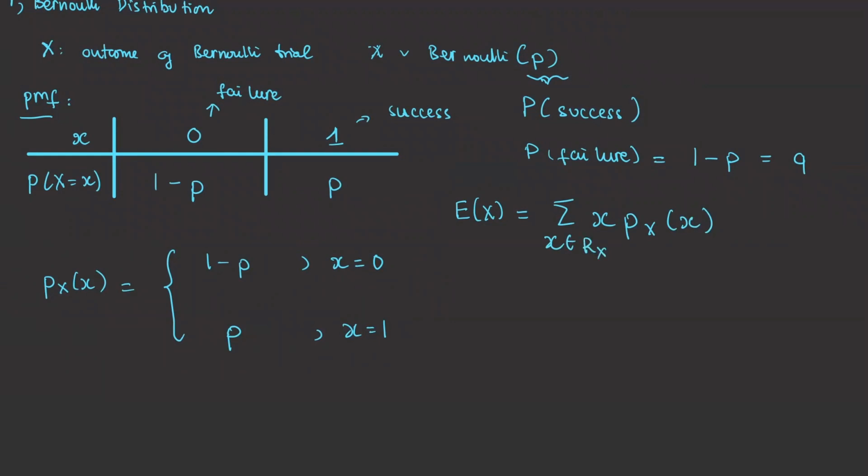Since X is a Bernoulli random variable, X can only take on two values, 0 and 1. So I first start with x equal to 0. Then this expression, when x equal to 0, will be equivalent to, instead of x, I put in 0.